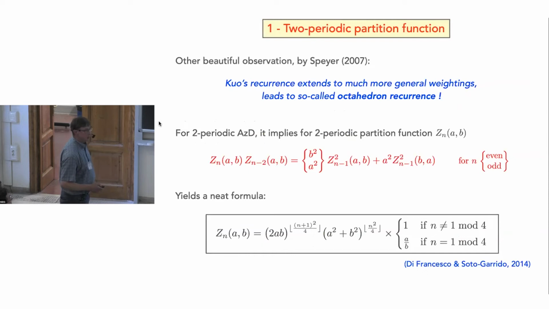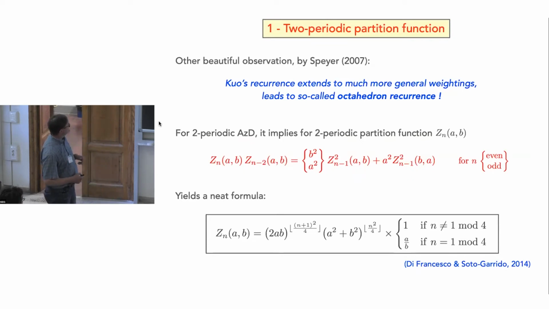Now, the other beautiful observation made by Speyer in 2007 is that this quadratic recurrence is actually valid in a much more general situation, namely for much more general face weightings. And that's what he called the octahedron recurrence. We heard about it this morning from Rinat: the octahedron recurrence is exactly what Rinat called the T-system for SL_N, except for the boundary conditions.